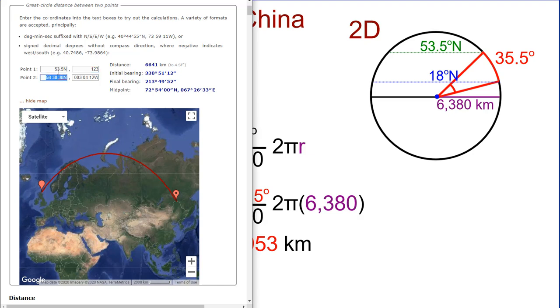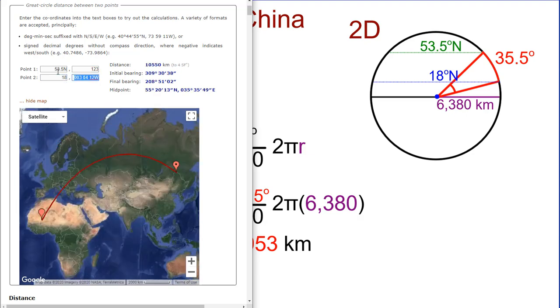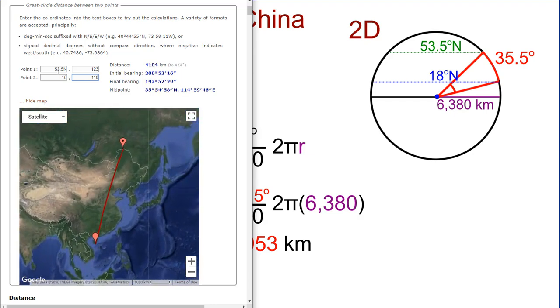And then the furthest south is going to be 18 and 110. Boom. So check that out. You can see the points, make sure you got them right and put them in correctly, and then it'll actually give you the information. It'll calculate the distance, and you'll start noticing that this distance is of course a great circle circumference. Think about cutting that orange exactly in half. So it's always a curved distance, not a direct, as the crow flies, and it's actually going to show up curved on a two-dimensional map like we have here.